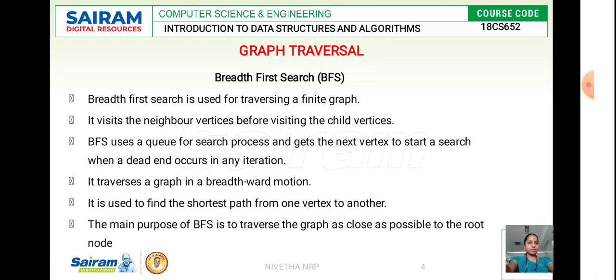As the name suggests, we will be traversing each and every vertex in the graph breadth-wise. That is, it will be visiting the neighbor vertices rather than the child nodes. Since every vertex in a graph has neighbor vertices adjacent to it, in BFS all the neighbor vertices are visited first before visiting the child vertices.